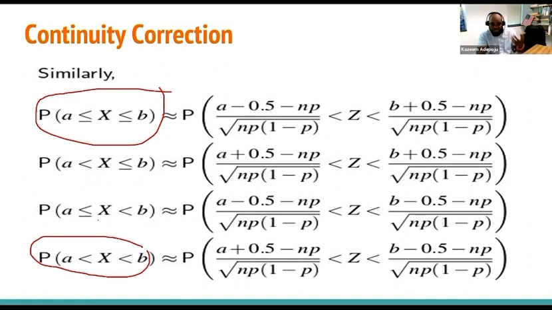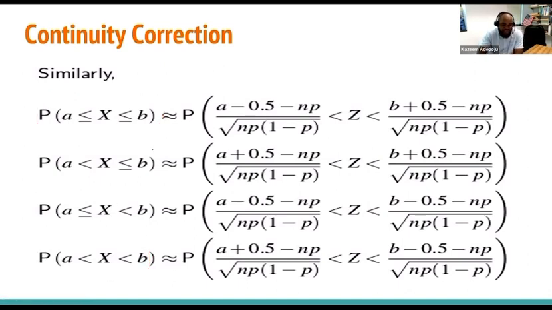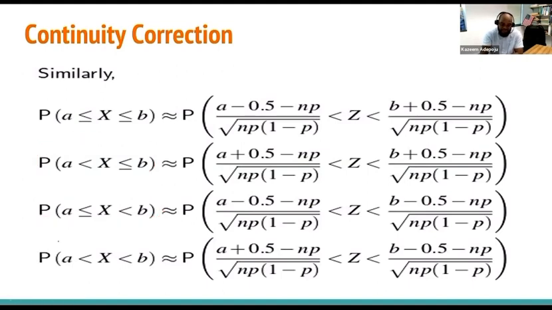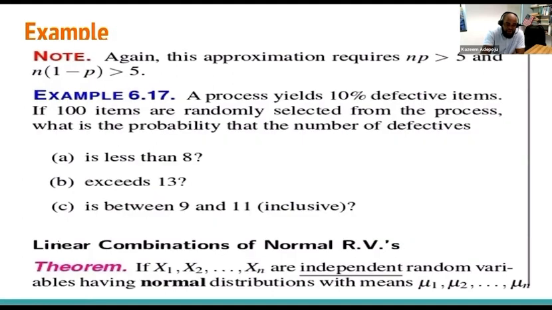And not only that, if you take a look at these, open at one end, you're going to see that where I added 0.5 here, I'm subtracting here. Please take notes. So that is as far as the continuity correction is concerned.